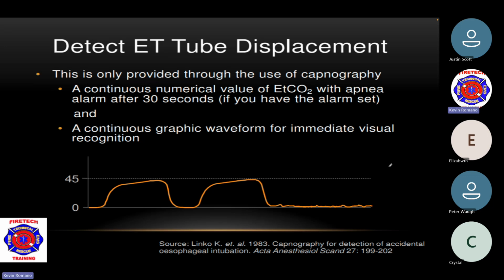Other than that, if the tube comes dislodged and you don't have capnography present, you're never going to know it's been dislodged. You're just going to ventilate one breath every 6 to 8 seconds while CPR is being done, and all you're doing is ventilating the oropharynx. It's not going to do any good. So you need to make sure you have that continuous waveform. If it drops off like this and your value drops down to 0, within 30 seconds your cardiac monitor will start alarming.